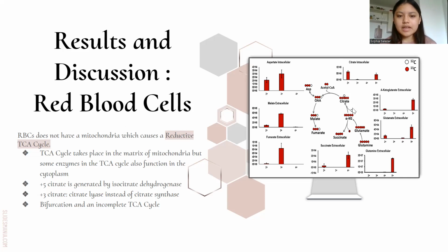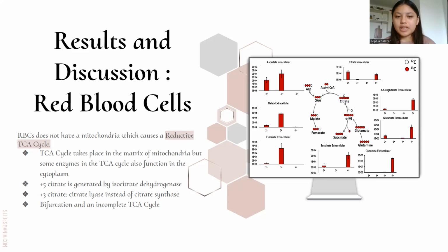Another thing to note is that aspartate is used as a proxy of oxaloacetate, which is OAA here, but the OAA is not seen because this metabolite is very short-lived, so there are no results seen in the data.